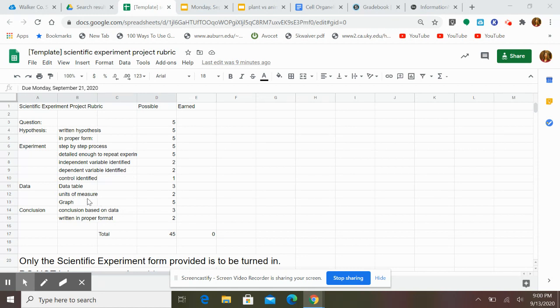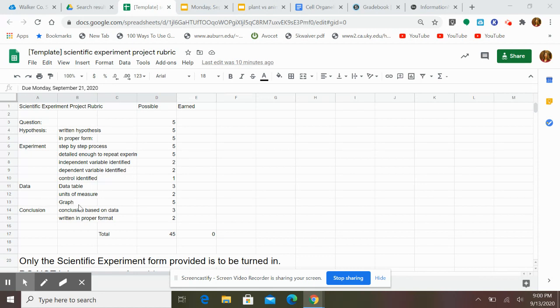Once you have collected your data, you will draw a line graph. Let me say that again, a line graph. We are not doing bar graphs or pie charts. We are doing line graphs, please. So you will draw a line graph. You may choose to do that on the computer, or you may choose to do that on paper and upload a picture as you did with a previous assignment in this class.